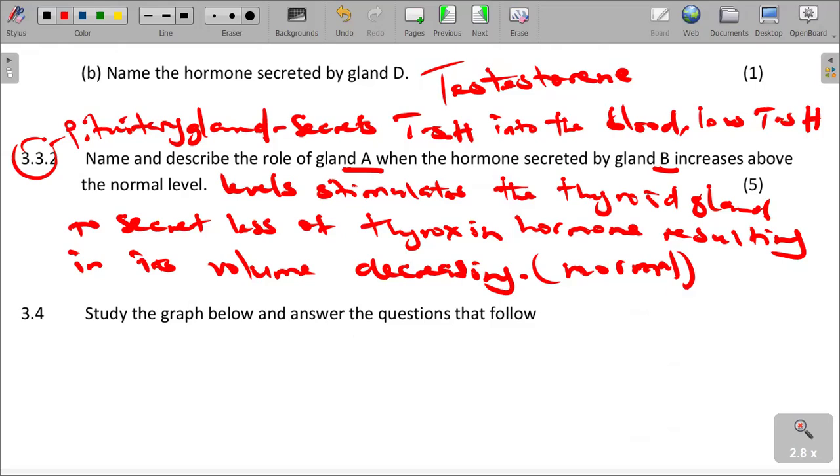Thyroxine hormone is caused to be secreted because of thyroid stimulating hormone. So if less thyroid stimulating hormone is secreted, less thyroxine hormone is produced, which results in its decrease and going back to normal.